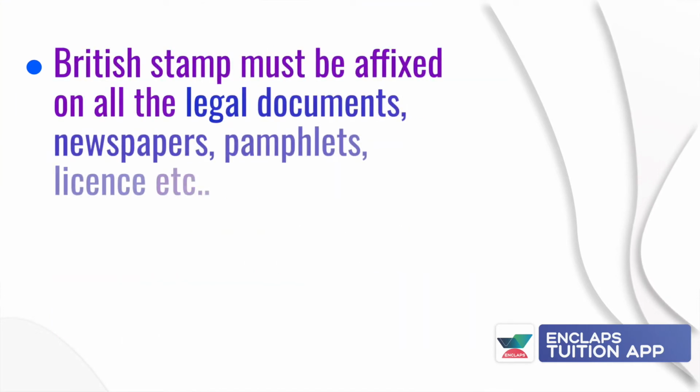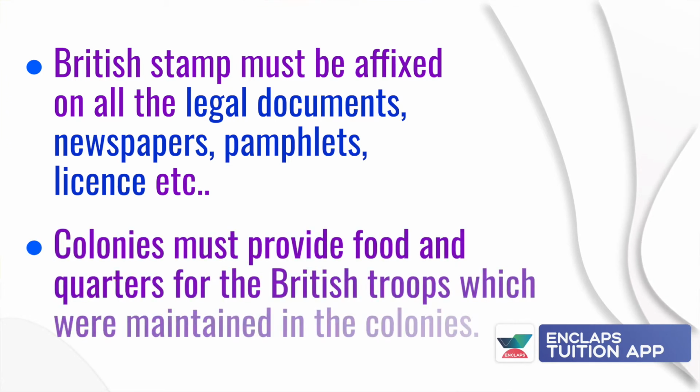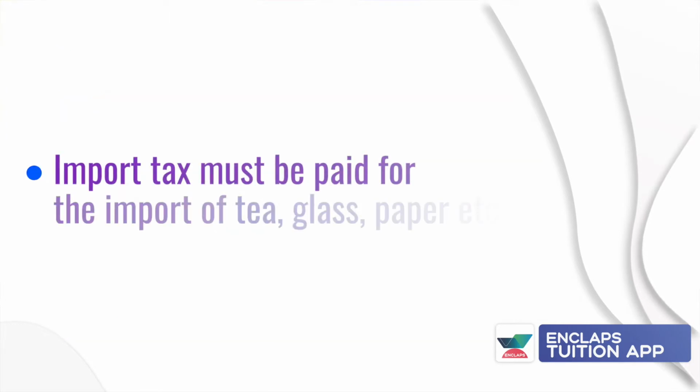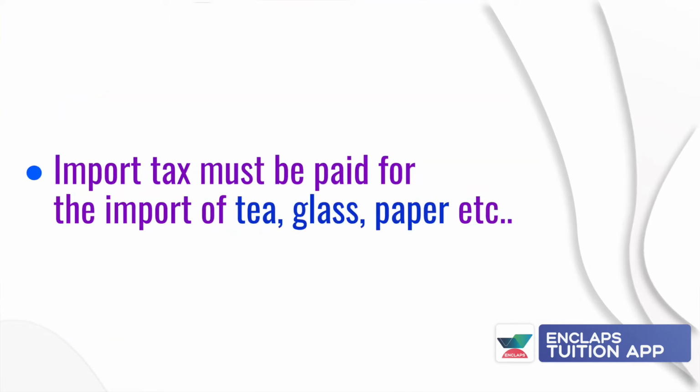British stamp must be affixed on all the legal documents, newspapers, pamphlets, license, etc. Colonies must provide food and quarters for the British troops which were maintained in the colonies. Import tax must be paid for the import of tea, glass, paper, etc.